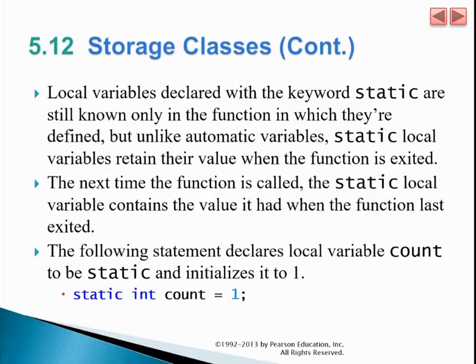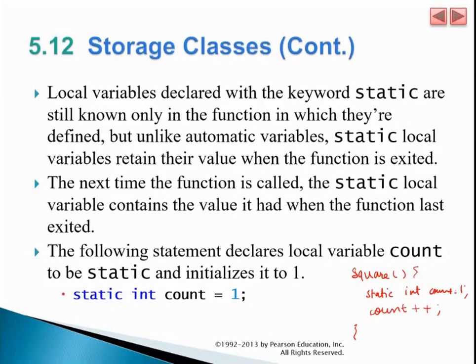Now, local variables declared with the keyword static are still known only in the function in which they are defined. But unlike automatic variables, static local variables retain their value when the function exits. So what is the difference between static and automatic variables? Say in the square function, I define static int count equal to 1, and then I increase the value of count.